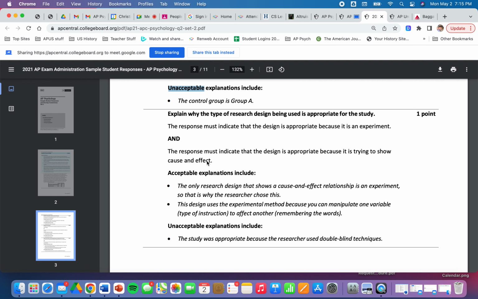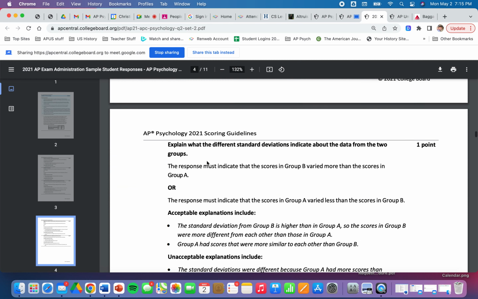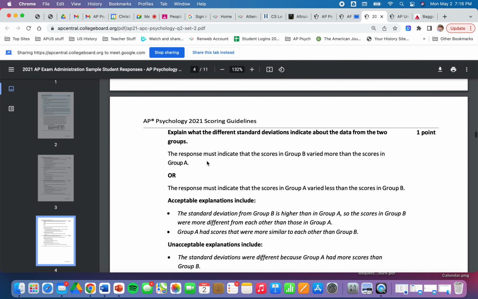Number 3? Let's jump to number 4 here. Explain what the different standard deviations indicate about the data from the two groups. Yes. My answer was that this one was confusing, how the standard deviations work, so I'm not sure if this is correct or not.